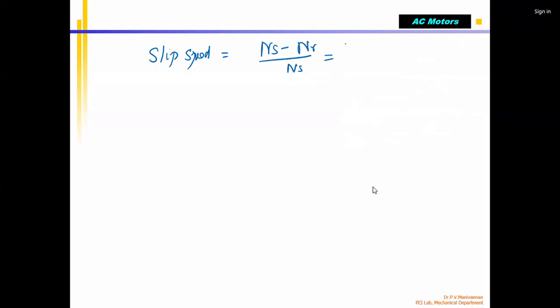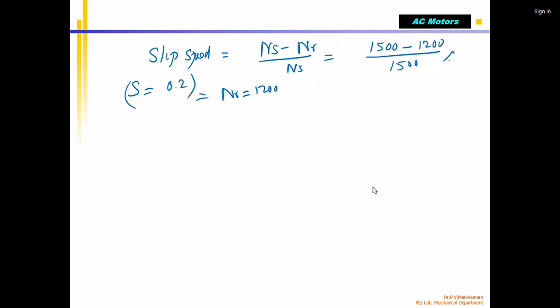So we say that NS is 1500 and for slip equal to 0.2, we know that NR equal to 1200, as we just computed. So that means 1200 divided by 1500. So then you will get the value, whatever the value you can compute.